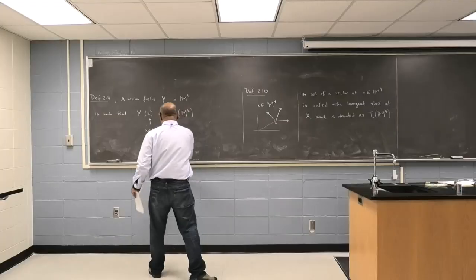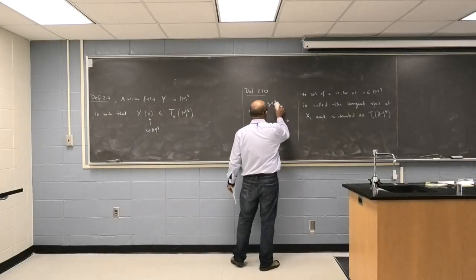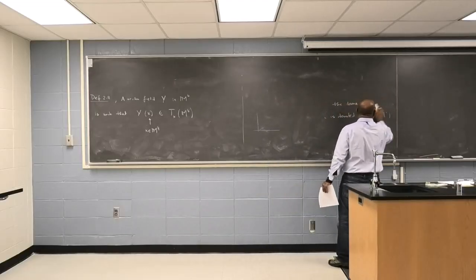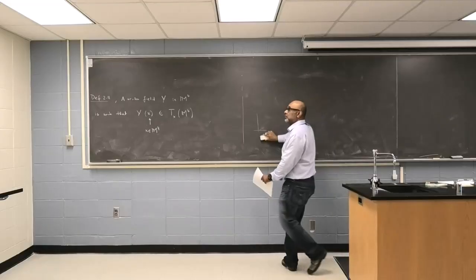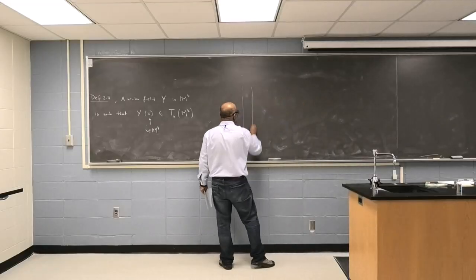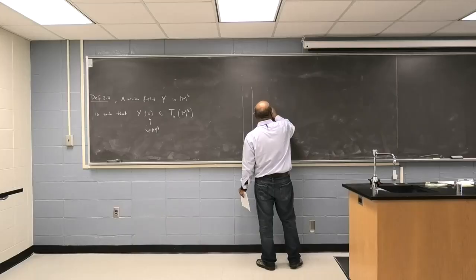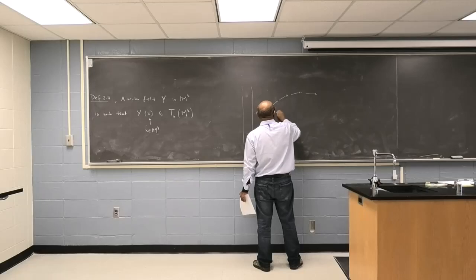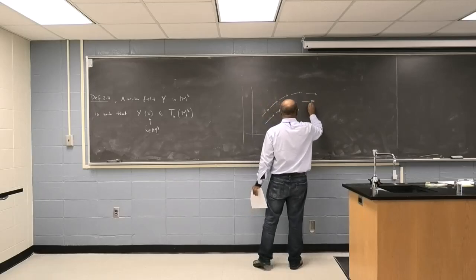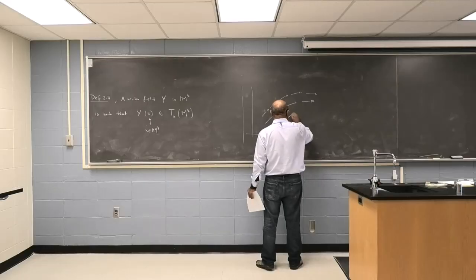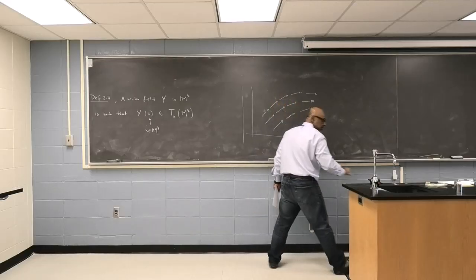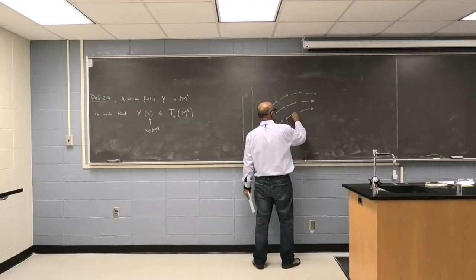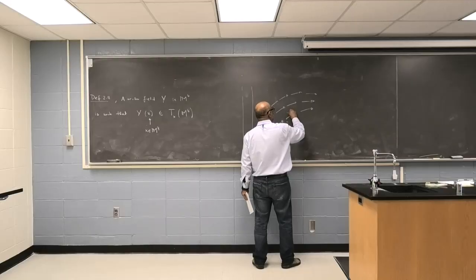So if I were to graph a vector field, and this will be the last thing to do, so this will be a vector field such that at any point x, this is my Y of x.